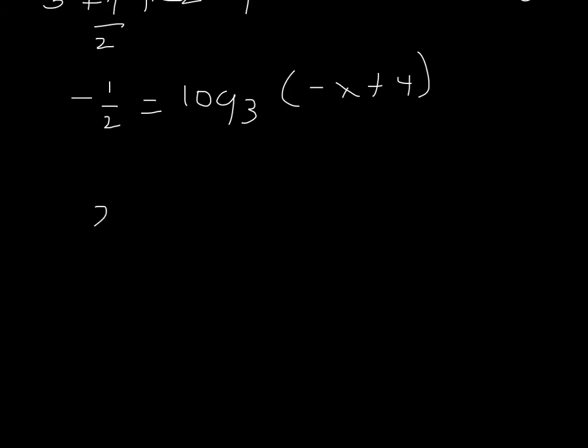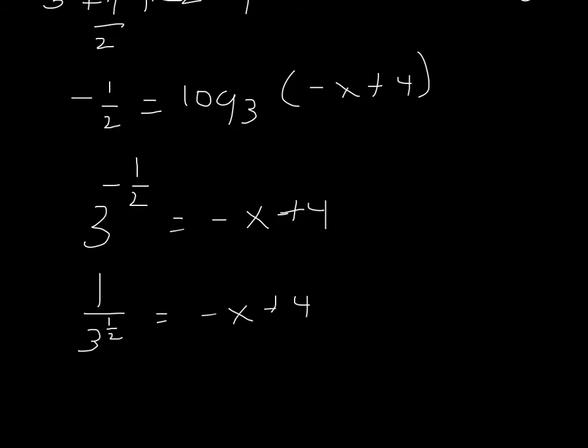And then we rewrite this in exponential form, and you get 3 to the negative 1/2 is equal to negative x plus 4. This is really 1 over 3 to the 1/2, which is 1 over the square root of 3. At the same time, I'll subtract the 4.